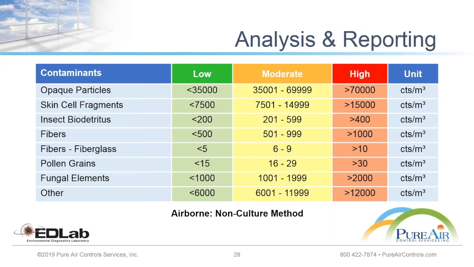Again, I want to underline that this is not a universally accepted guideline. It is not endorsed by any agency, but Environmental Diagnostics Laboratory feels that this is, on average, the number one should have in their sample, because we have analyzed these samples and derived this number from them.